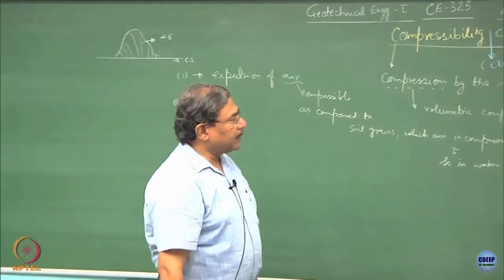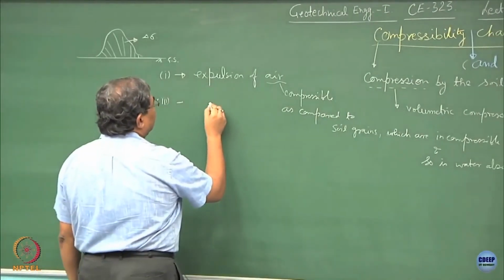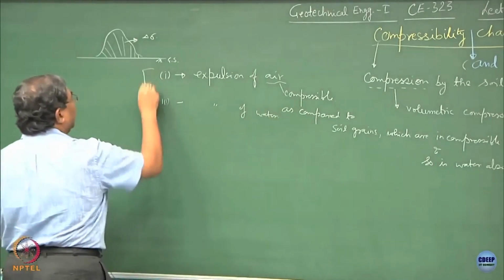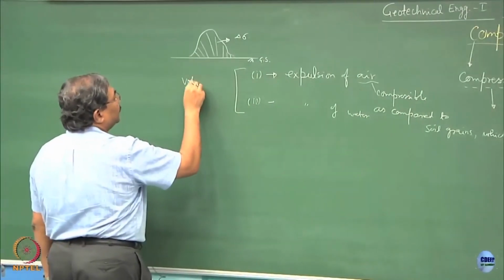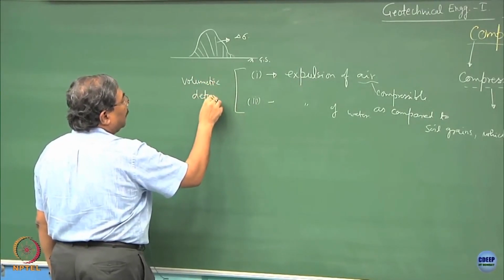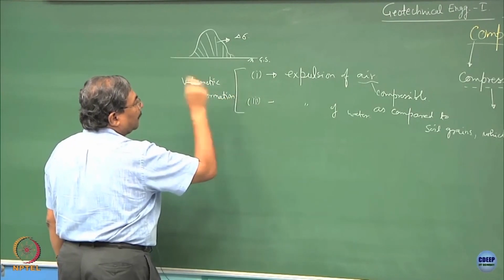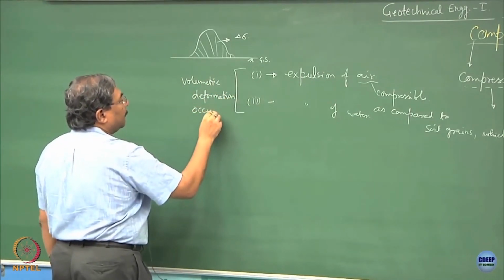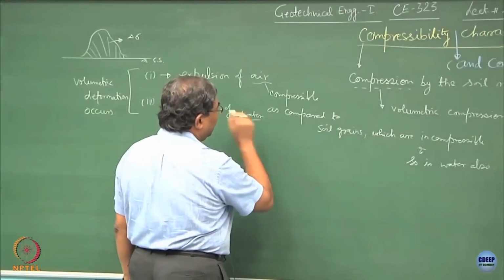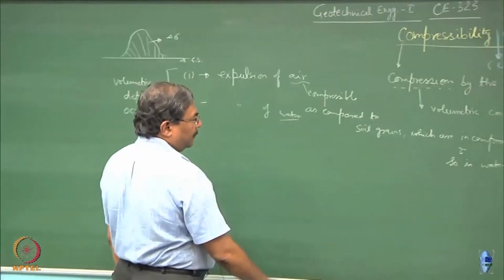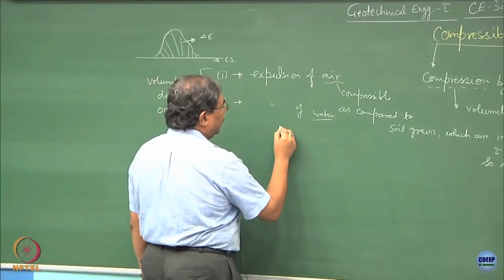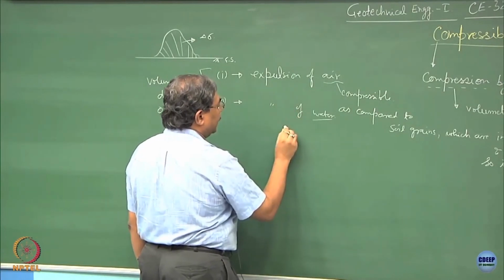that is, when you have the saturated state of the soil. Because of the expulsion of water, the volumetric deformation is going to occur, because water is incompressible and it takes time to move out of the pores, and there is a time lag.